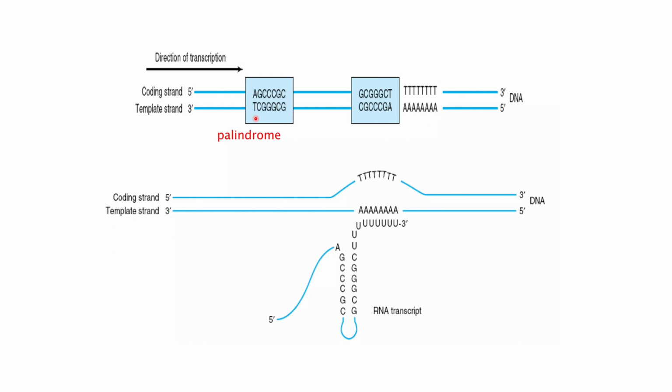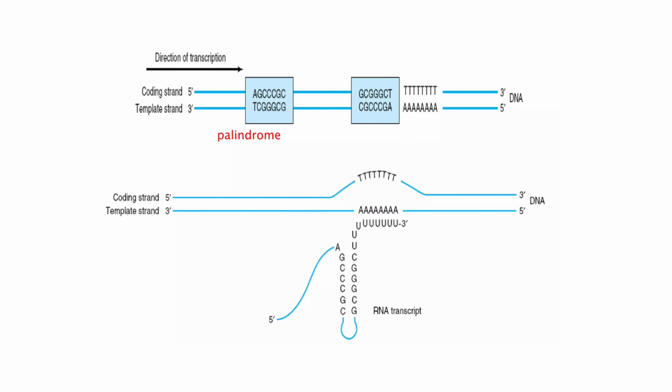Since this sequence is complementary to this sequence, in the new RNA molecule that is formed, this binds with this and forms a hairpin like structure. After this, the transcription cannot happen further, and it causes the nascent RNA molecule to be released from the DNA template. So this is Rho independent transcription. It doesn't require any external Rho proteins to bind to the DNA to stop the transcription.